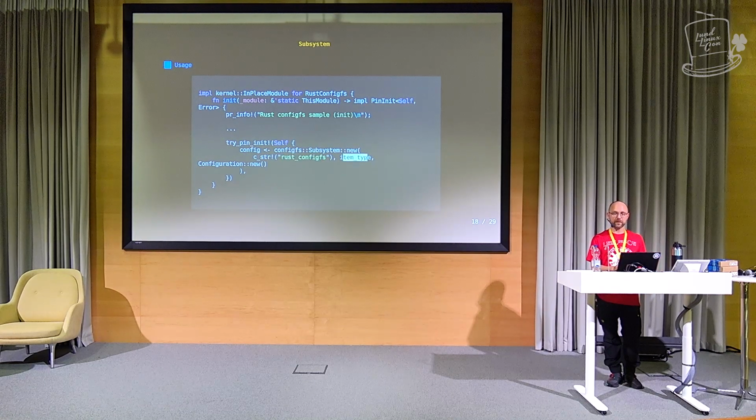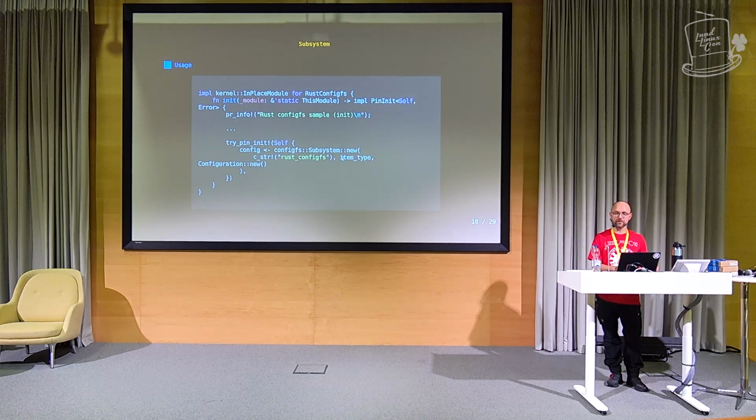We want this item type, and the data field should be a struct called configuration that I didn't show, but imagine in there we could store whatever we want to expose through this pseudo file system. We will get a reference to this struct when the callbacks happen from the kernel.